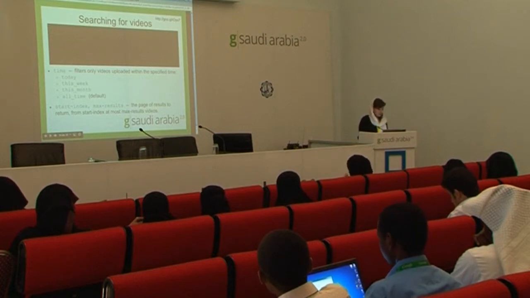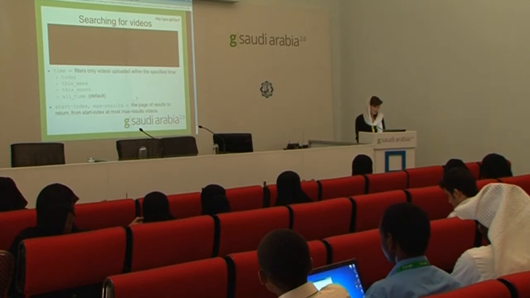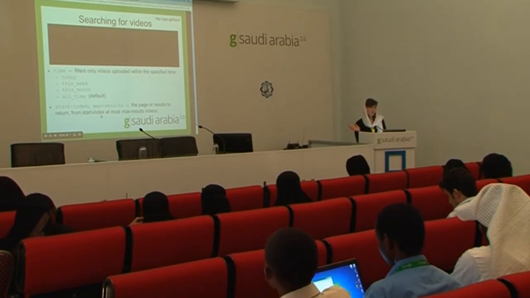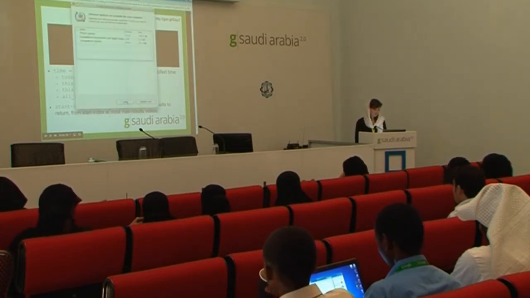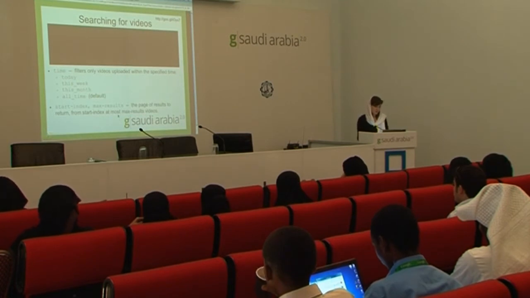I also added the start index, which tells you from what index you want us to start displaying the results. And then, of course, you can let us know where you want us to stop. In this example, we wanted the second page of results.